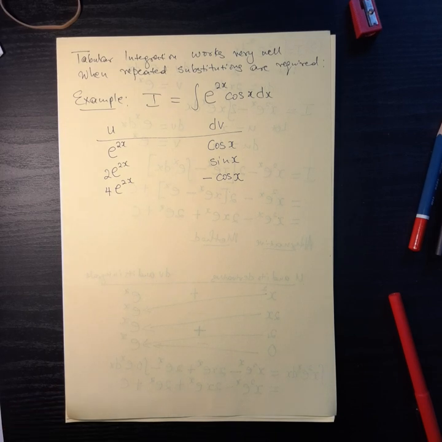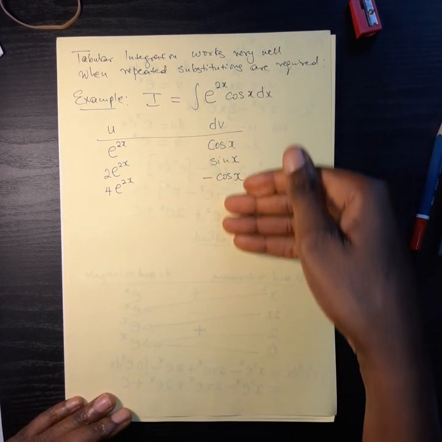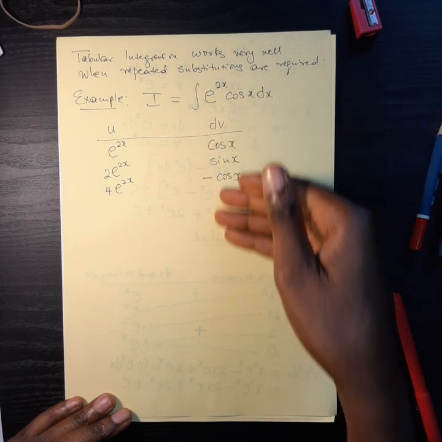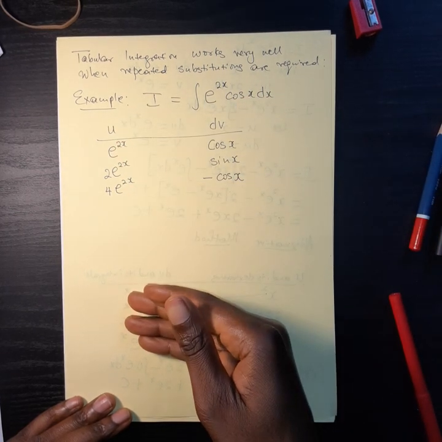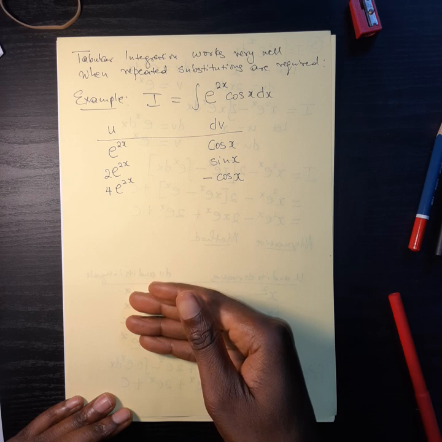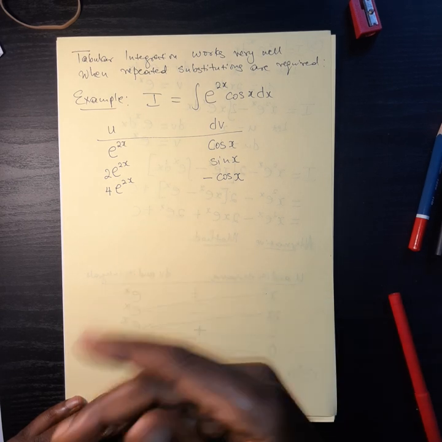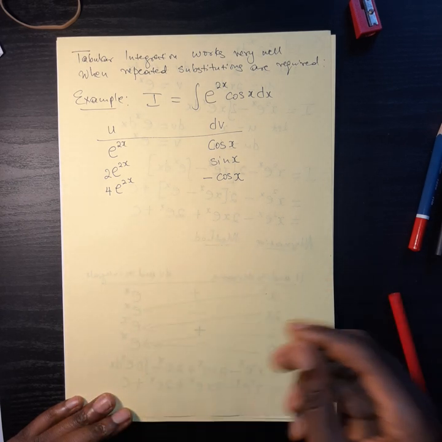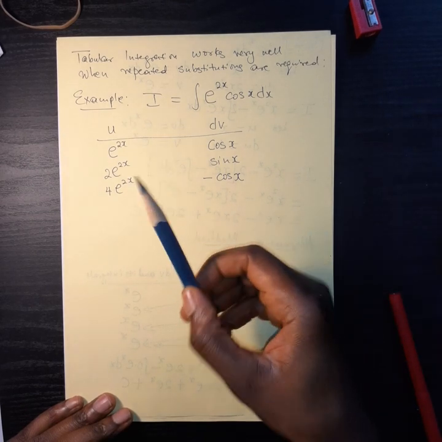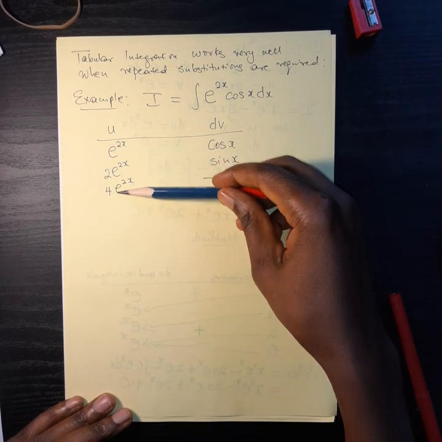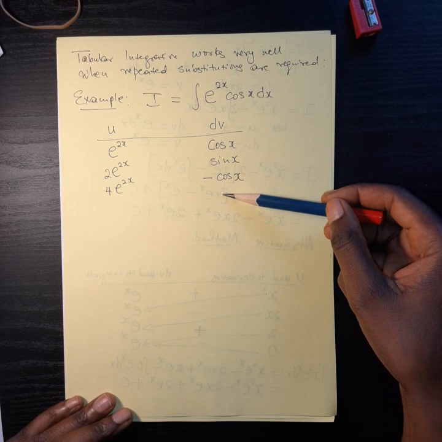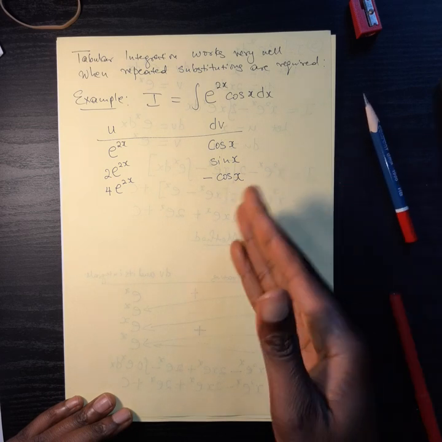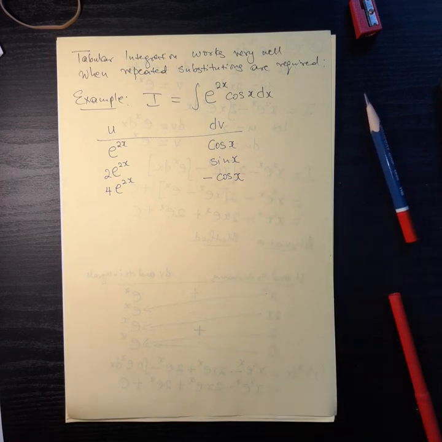Now, maybe the question that may come to mind is, do we continue integrating and differentiating? Then immediately another question will arise, when are we going to stop? Because we can see that this will never be zero. This will never be zero. So we can continue. Do we continue indefinitely? The answer is no. We don't just continue.